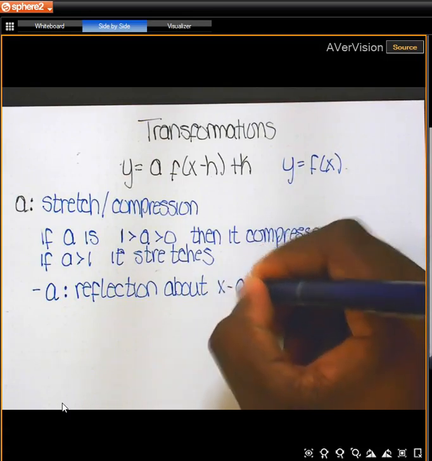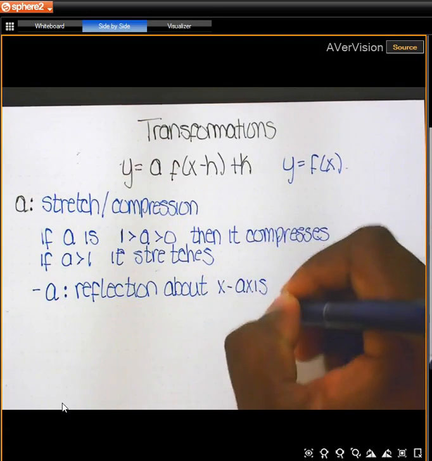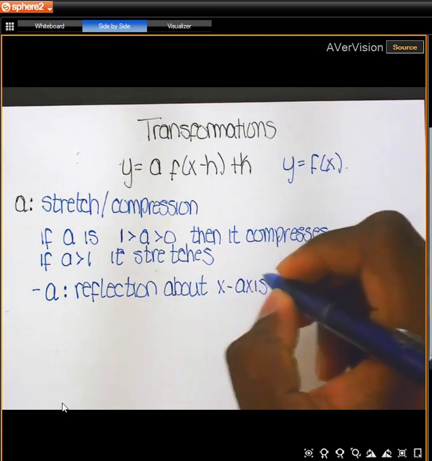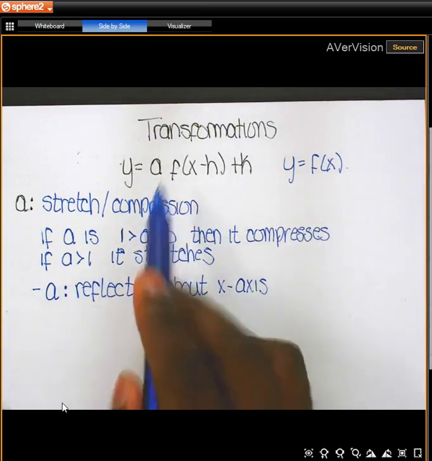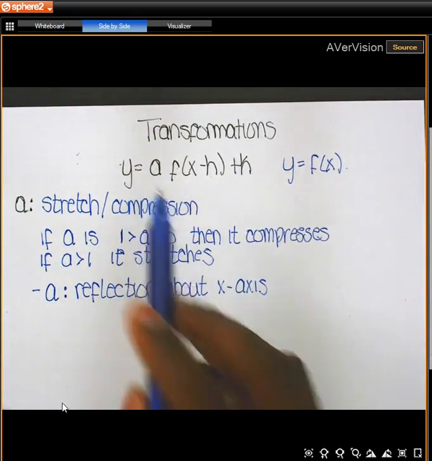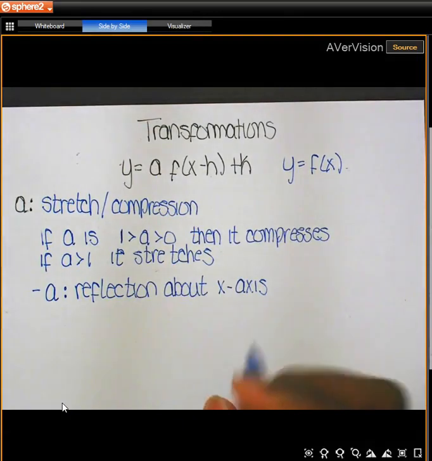Yeah, the other one. So a negative in front of the function tells us that it's been flipped across the x-axis.